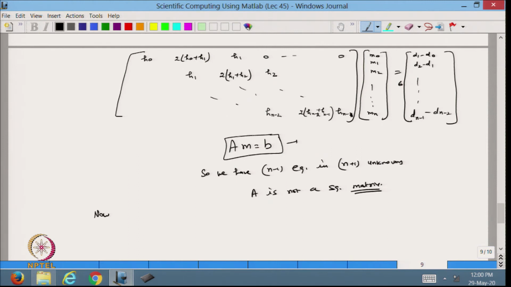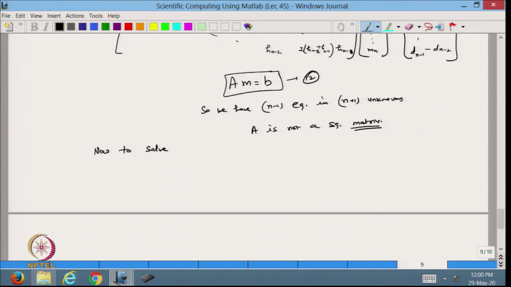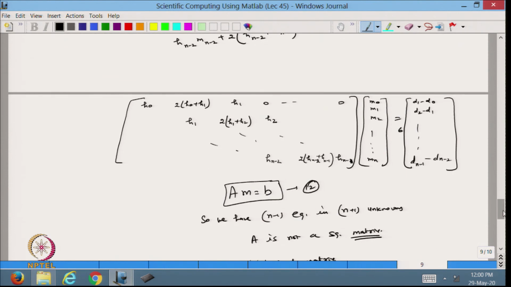Now, to solve, I call it the matrix A, which is a tridiagonal matrix. So, this is a tridiagonal matrix basically.